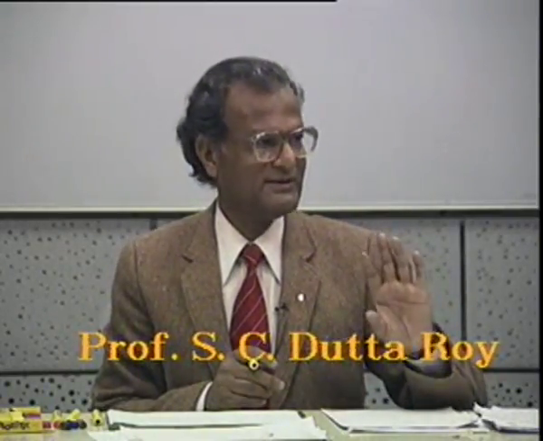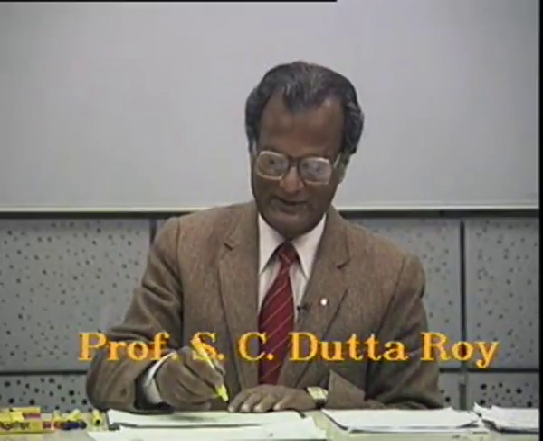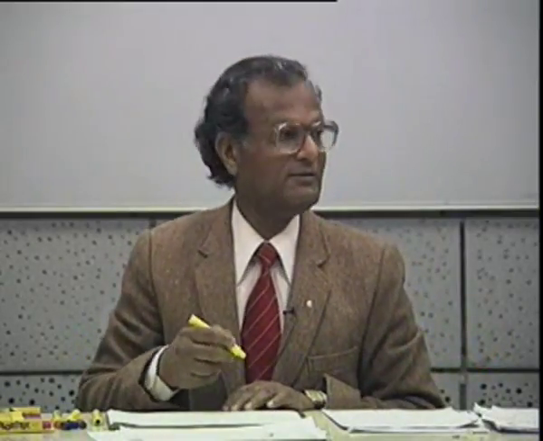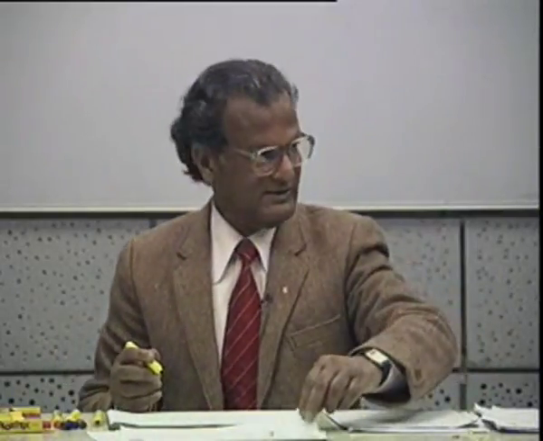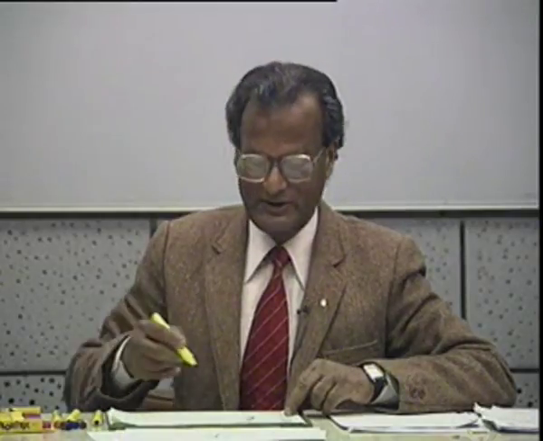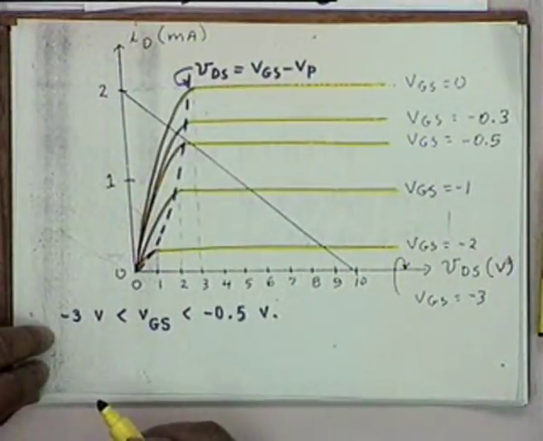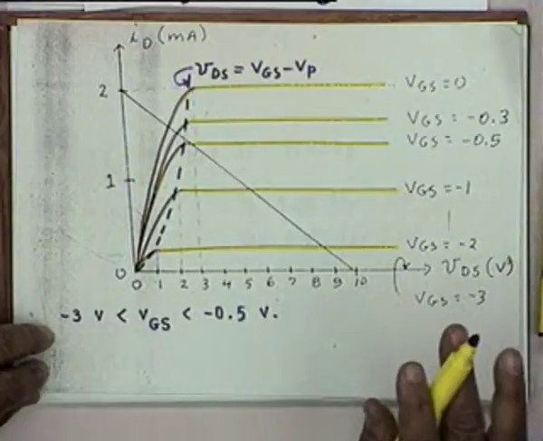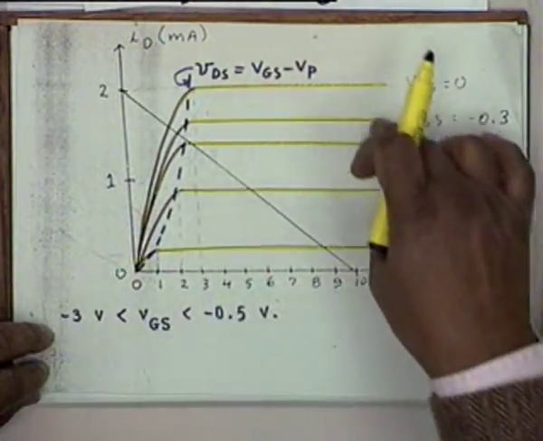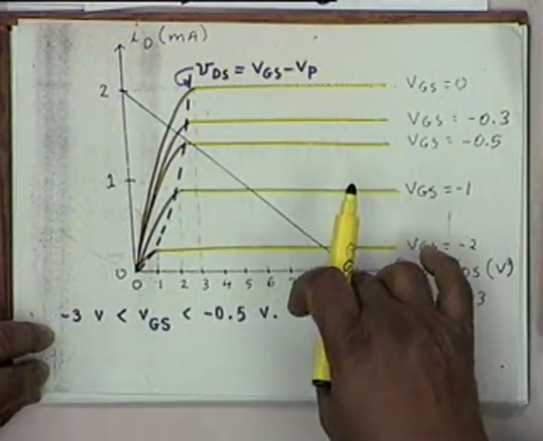But the total is simply DC, there is no AC. In other words, here small VDS is equal to capital V. Okay, but when you draw the characteristics, you must show the total voltage, total current, because DC as well as AC must be governed by these characteristics.